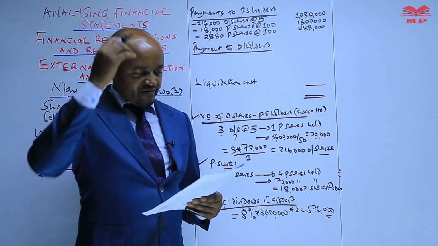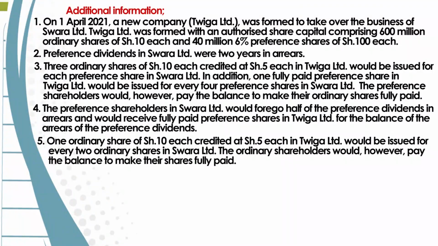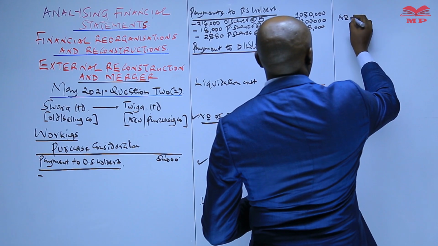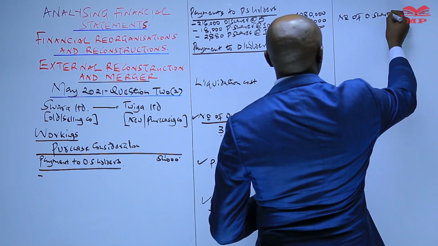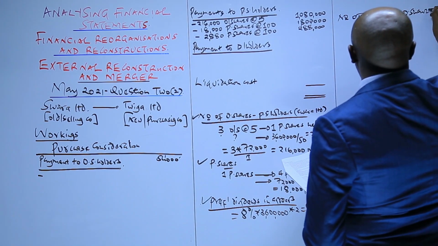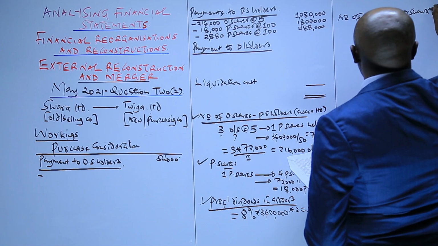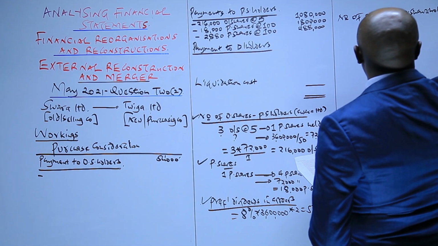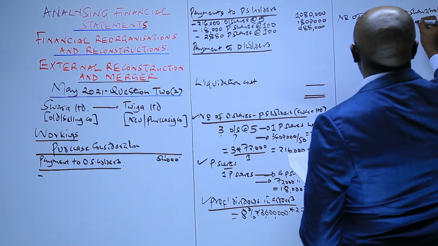Let's move to point number 5. And we are told one ordinary share of shillings 10 each credited at 5 in Twiga Limited, which is the new company, would be issued for every 2 ordinaries held in Swara. So basically what you're given there is the information regarding the number of ordinary shares to be issued to the ordinary shareholders of Swara Limited.